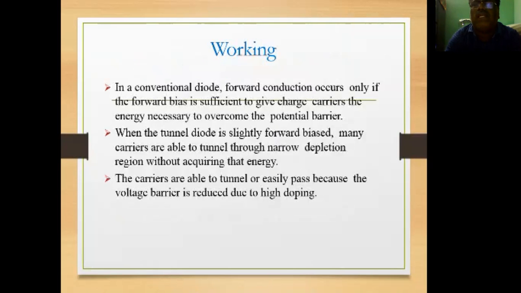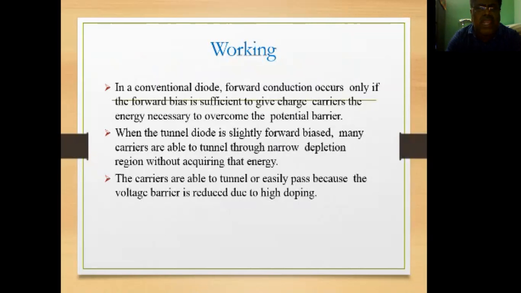Working of the tunnel diode. In a conventional diode, forward conduction occurs only if the forward bias is sufficient to give charge carriers the energy necessary to overcome the potential barrier. When the tunnel diode is slightly forward biased, many carriers are able to tunnel through the narrow depletion region without acquiring that energy.